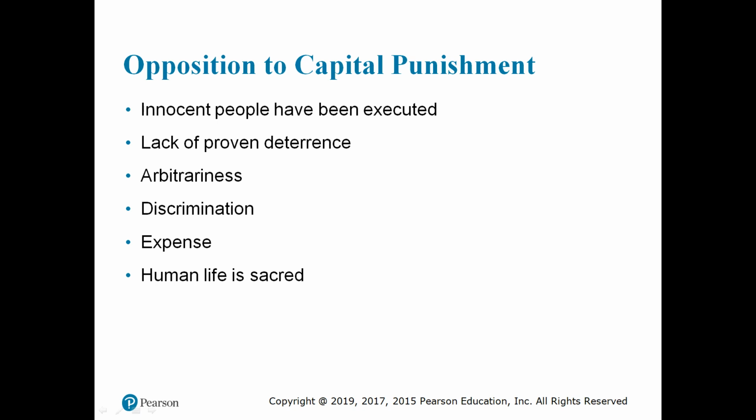Is it arbitrary? Is there discrimination involved? Is it more expensive to put somebody to death or keep them in prison for life? And finally, human life is sacred. So you need to choose if you're in opposition to capital punishment, and your opposition may change throughout your life depending on what happens.